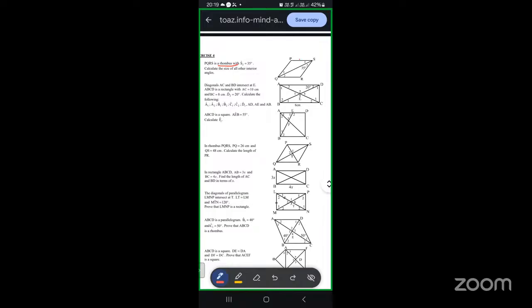This side is equal to that, they are all equal. Do you agree to this part? Yes, sir. Okay, thank you. And this is parallel to that, and this is parallel to that. Therefore, again, you agreed that Q1 here is 35, the reason being alternate angles because of that Z shape, right?